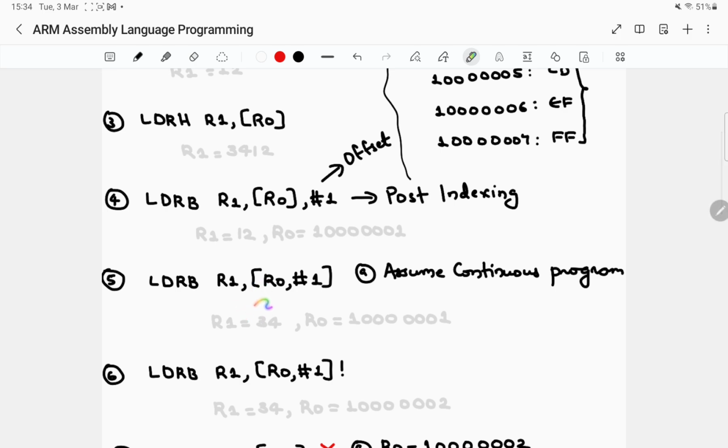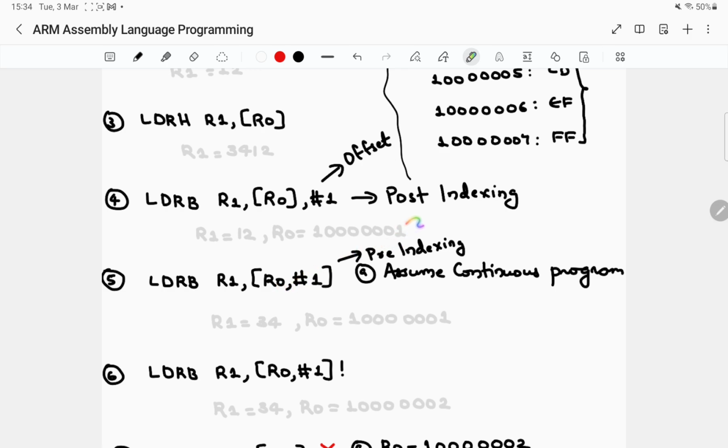Now LDRB R1, [R0, #1]. Here we are assuming the program is written sequentially and the instructions are continuous. This is called pre-indexing. Pre-indexing means R0 will get incremented by 1, and after that R1 will be loaded with the value pointed to by R0.